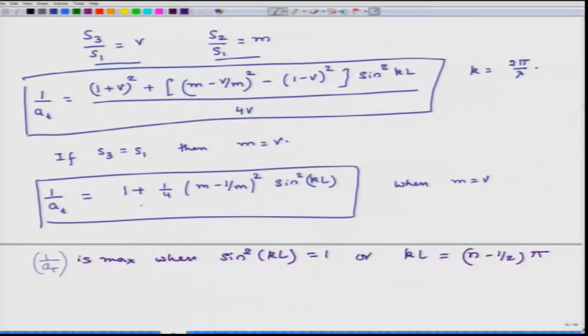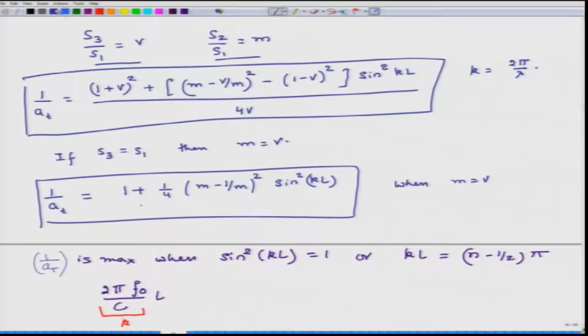So, we know that k is the wave number. If I express k in terms of frequency and speed of sound, then I can say that it is 2 pi f naught over c times L. So, this entire thing is the wave number.